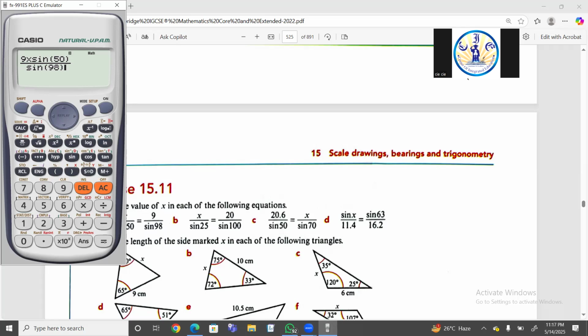So this can give us the answer to be 6.96.